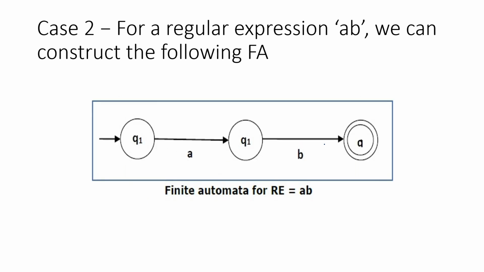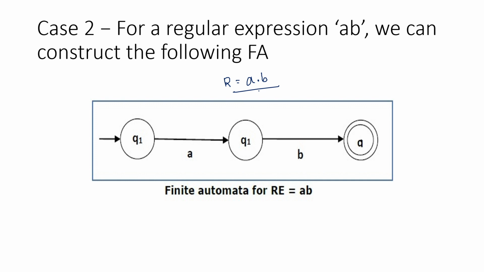Similarly, if I consider that the regular expression R is equal to A dot B, then it should look something like this. What does it mean? It means that the language has to have an A which is followed by a B. Obviously, the language generated from this regular expression has only one string, right?